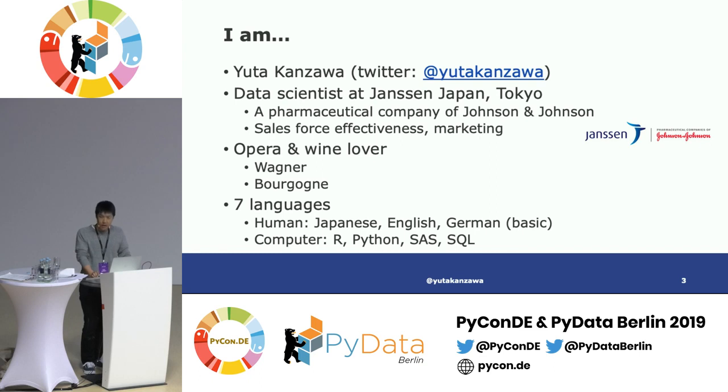I analyze data for sales force effectiveness and marketing, and use R and Python daily. I'm a huge fan of opera and wine, and I use 7 languages: Japanese, English, German for humans, and R, Python, SAS, SQL for computers. Of R and Python, I first learned R, then I also learned Python.